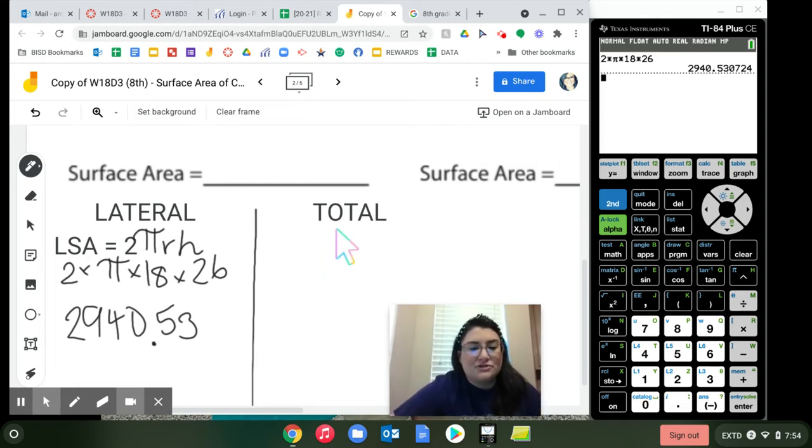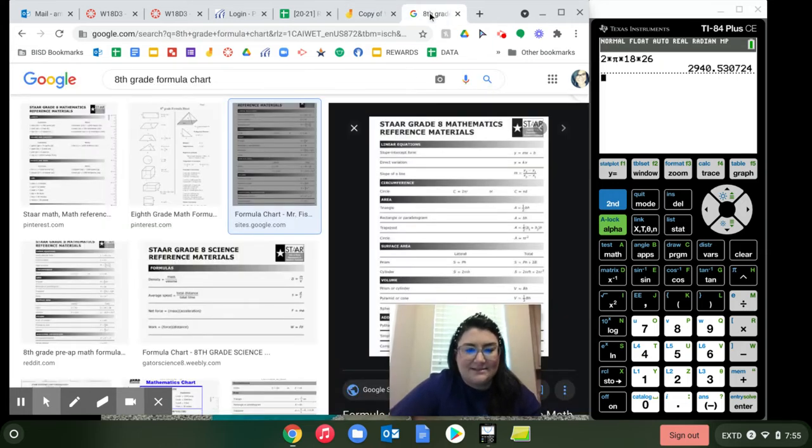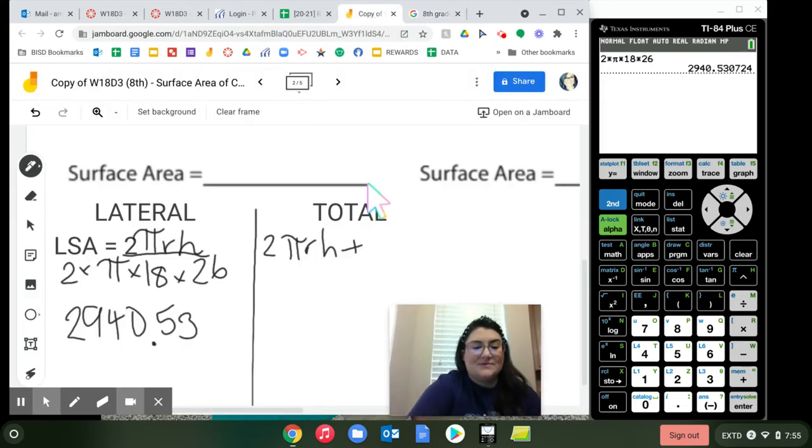Okay, now for total surface area. I know that this is going to be the first part of my formula, right? Because that's lateral. Plus, now let's figure out what we need to write for our formula for the 2 bases. So it's 2 pi r squared. That makes sense because pi r squared is area, and I have 2 bases.